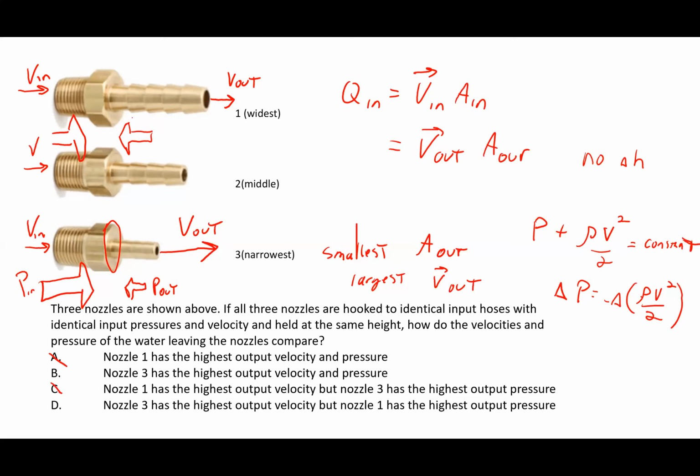In this case, nozzle 1 has the highest output pressure, where nozzle 3 has the largest velocity. And so the difference in pressure we can link to the change in velocity with Bernoulli.